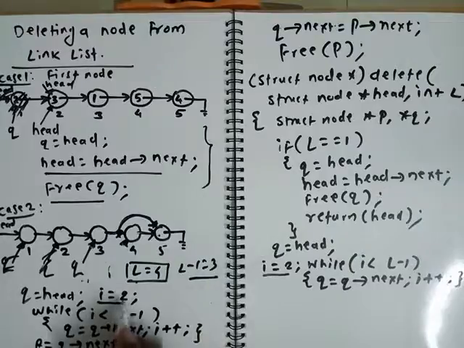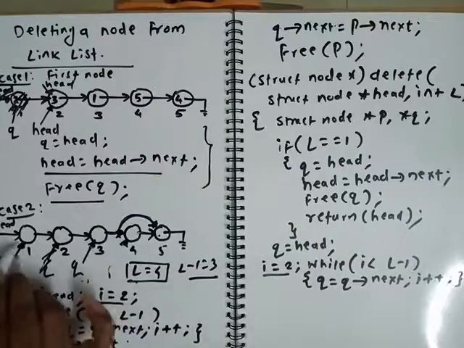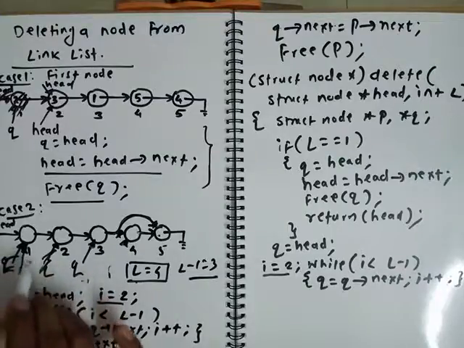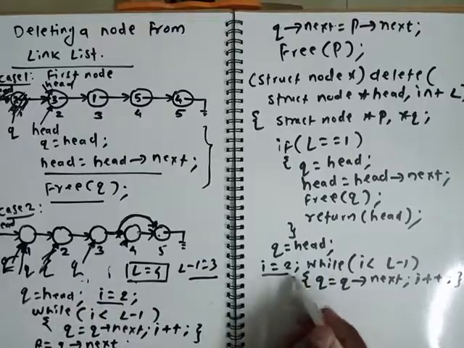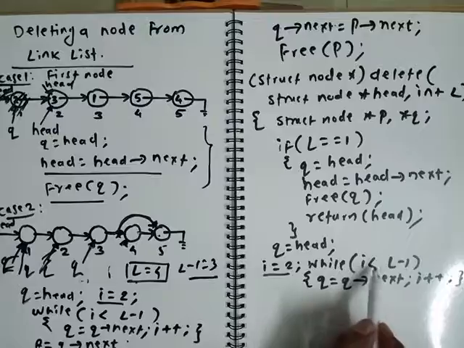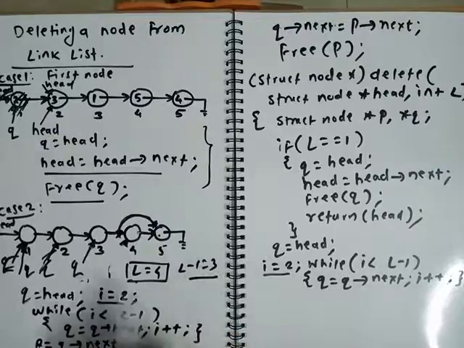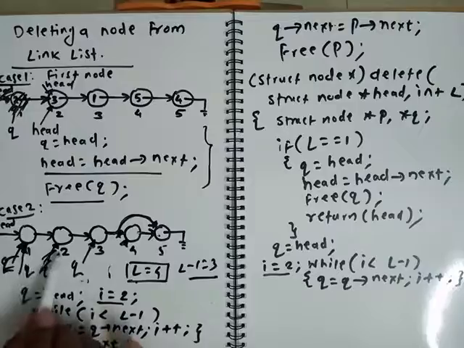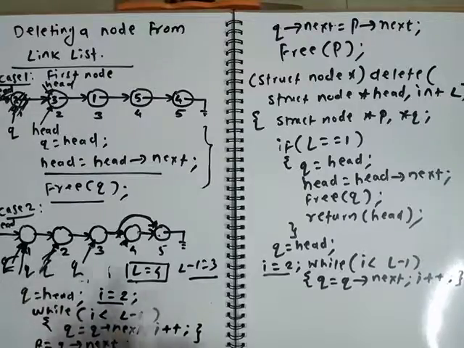I is 2 and our Q is here, let's say. I is 2, so condition is true because 2 is less than 3, so our Q will go from here to here, right?